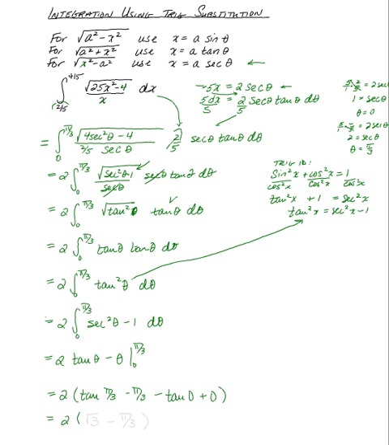Again, I'm going to my unit circle, and tangent is sine over cosine. At pi over 3, that would be root 3 over 2 divided by a half. That'll make root 3 minus pi over 3. Tangent of 0 is 0. So our solution is just 2 times root 3 minus pi over 3.